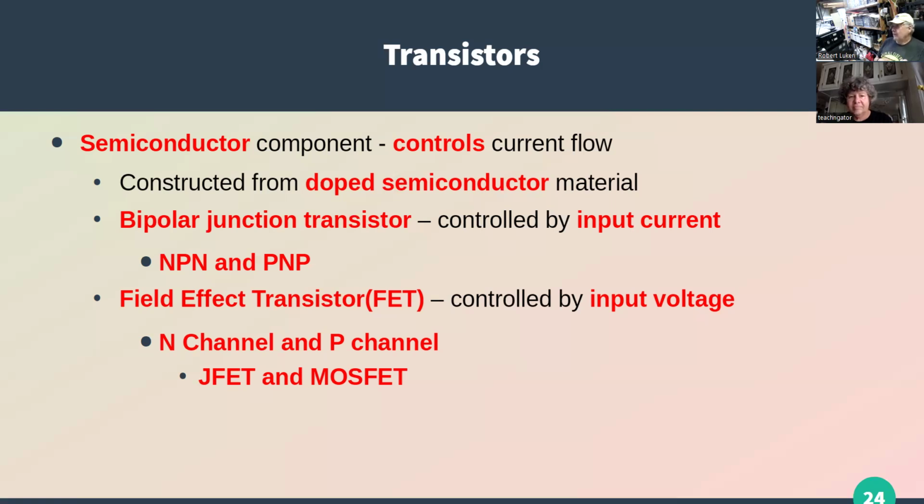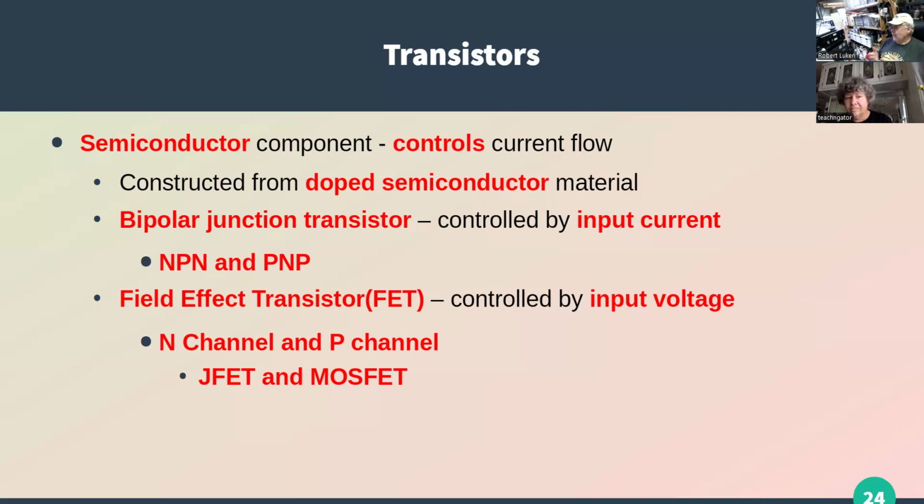Instead of it just passing current in one direction, I can now not only have it pass current in one direction, but I control how much current it passes. And I do that by using that middle piece of silicon.